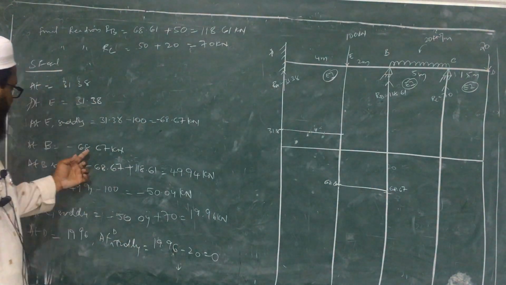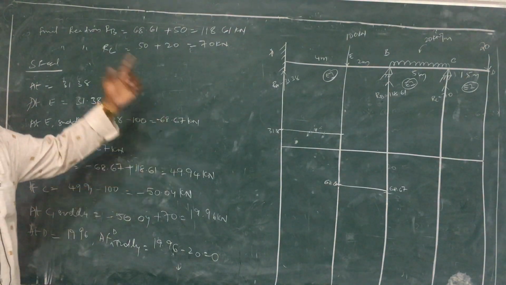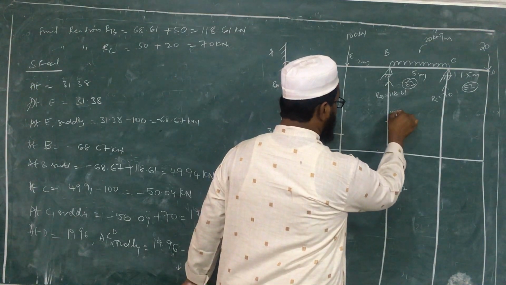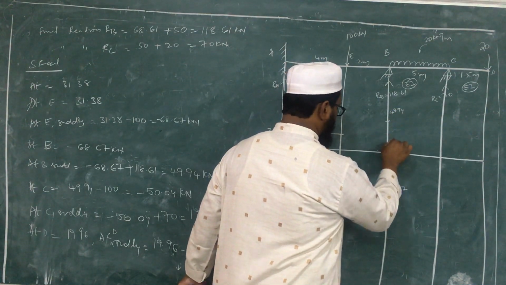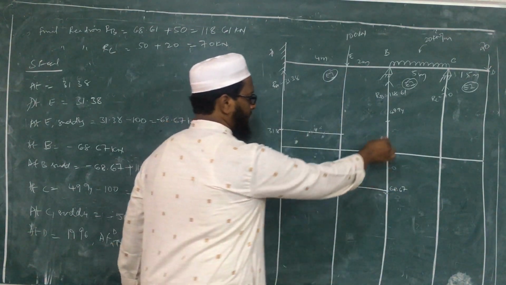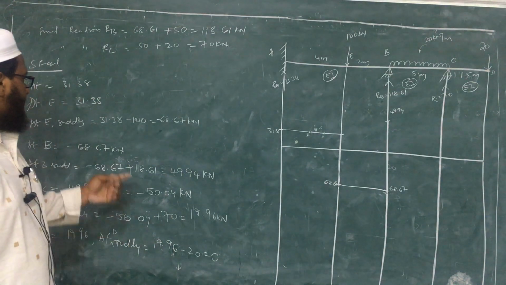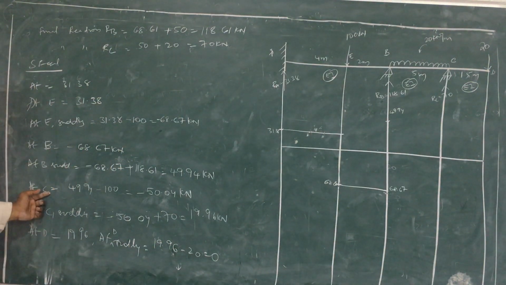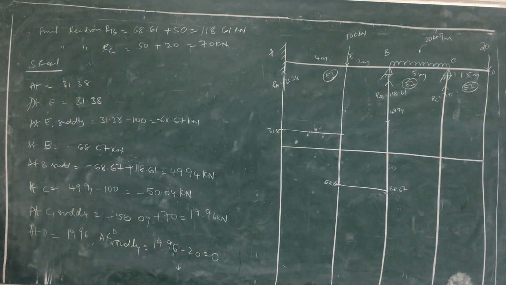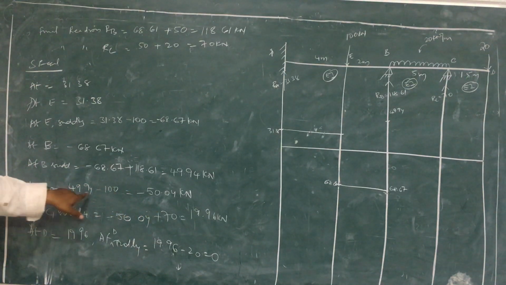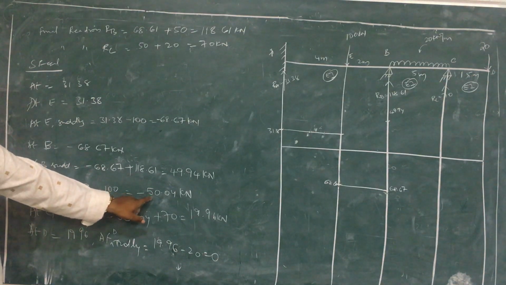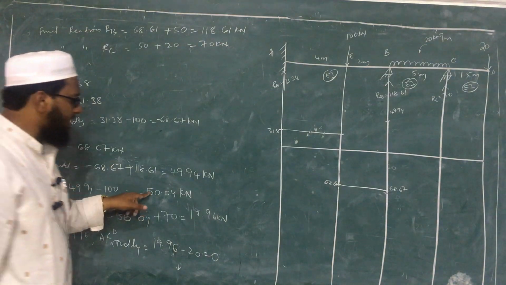Then at B, suddenly it went to plus 49.94. So this is 49.94. Then after that one, at C, what happened? It came down to minus 50. See here, at C, it is minus 50.